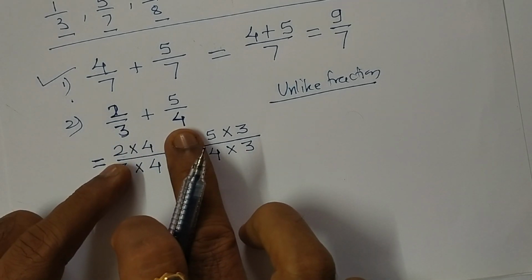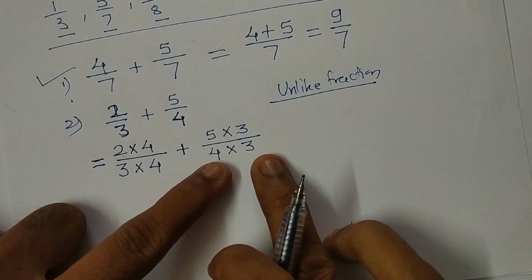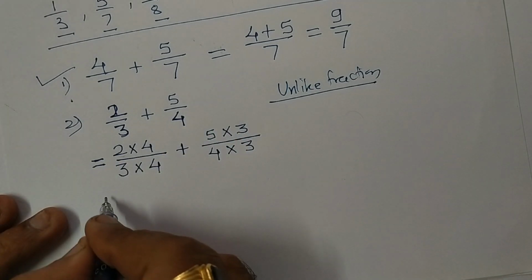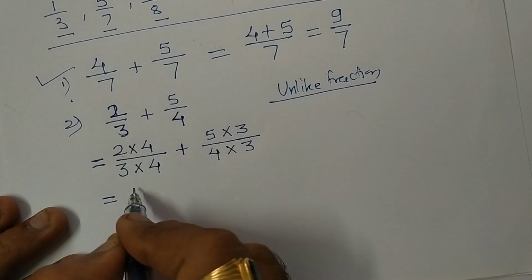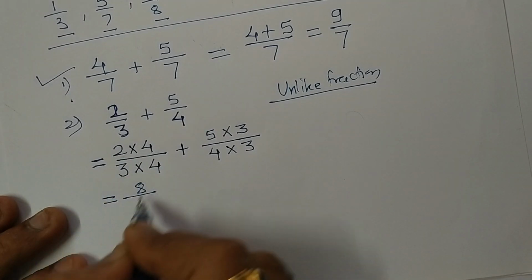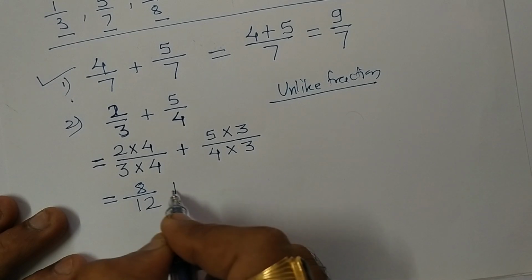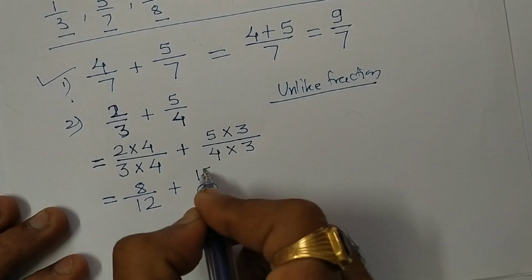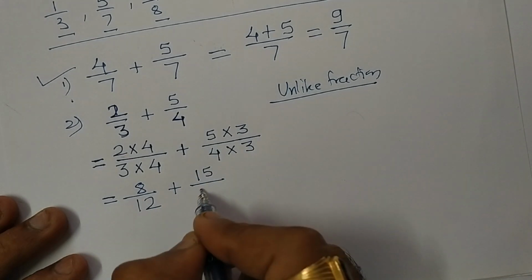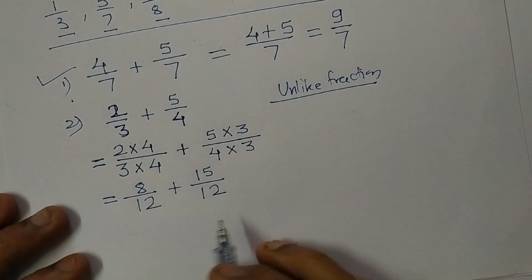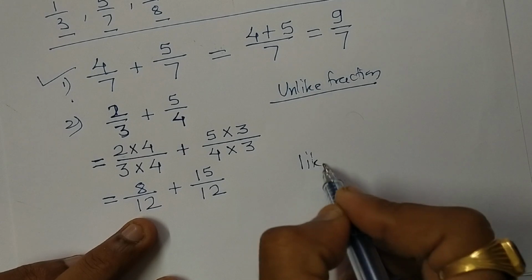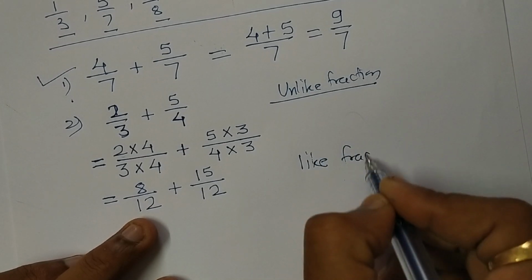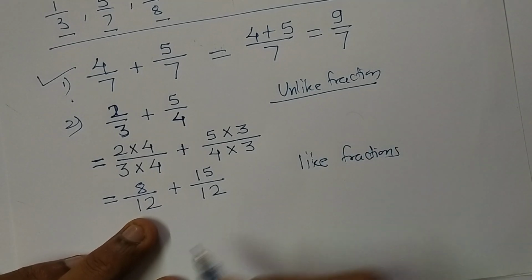That means you have to multiply the same number to the numerator and denominator, and that number must be the other fraction's denominator. If you solve this, what do you get? 4 2s are 8 and 4 3s are 12, plus 5 3s are 15 and 4 3s are 12. Now if you look at this, these are known as like fractions.